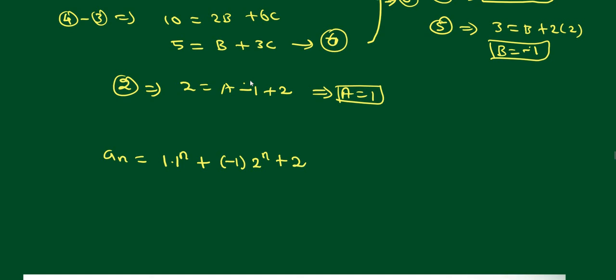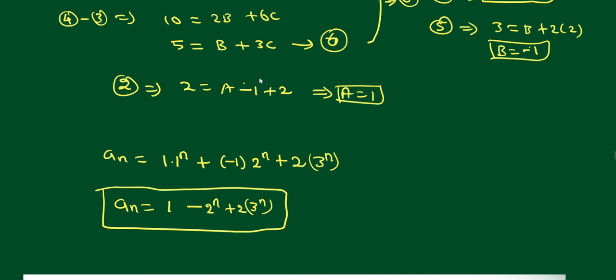I am rewriting by doing simplification. 1 into 1 power n is always 1 only, so you can write 1, it is enough. But if you write this as minus 2 power n and plus 2 into 3 power n, that's all, student. So this is the general solution of the given equation.